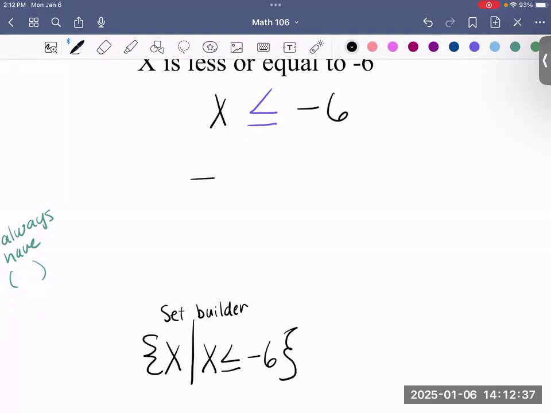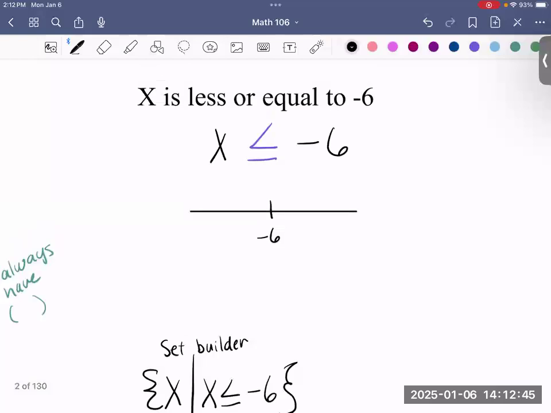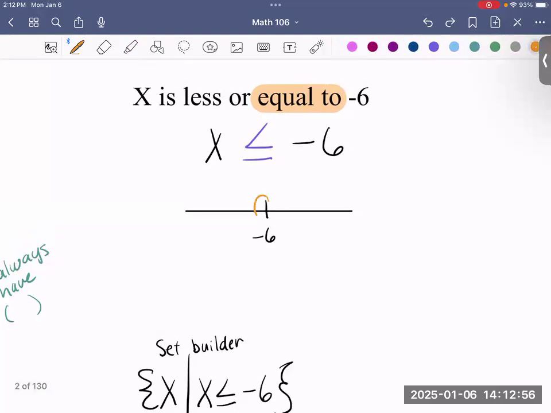And then maybe I do my graph notation. We have -6 up for contention. It has an equal to counterpart, meaning that we are now using a closed circle. Or instead of a closed circle, if you want to use a bracket, I would say wait to use a bracket until you know which direction you're shading.